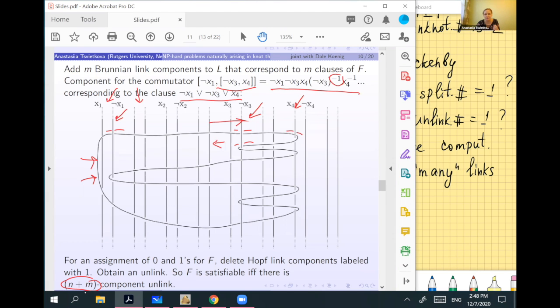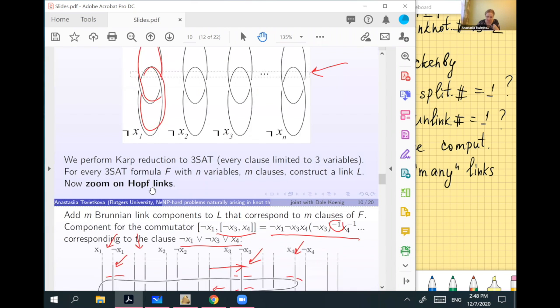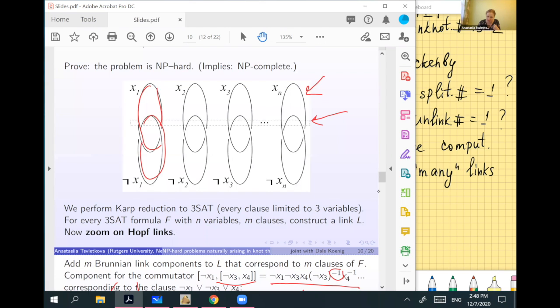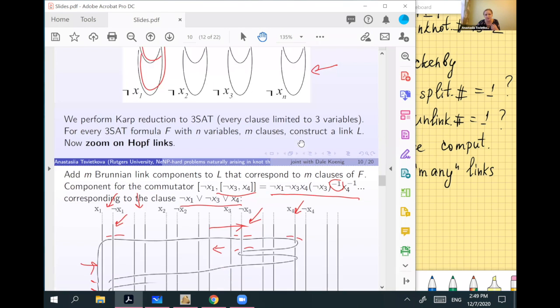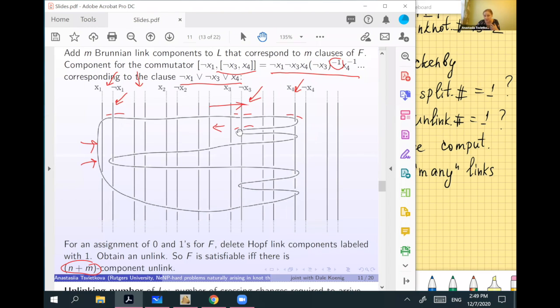I need to take n from somewhere. So basically, I will take all these Brunnian components and I will take one of each, either this or this, when I construct my n plus m sublink. And that will give me an assignment for the formula. So if it participates in my unlink, I assign it 0, I assign false. And if it doesn't, then I assign 1.